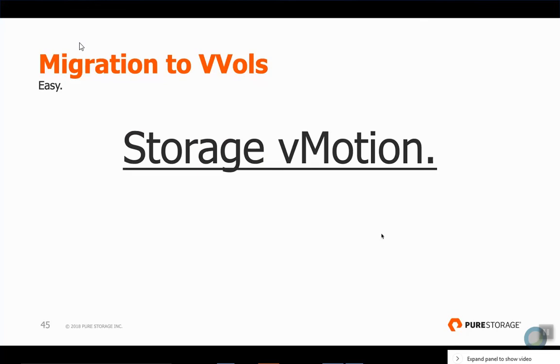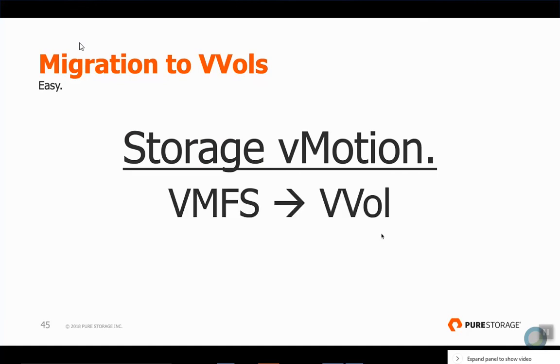If you want to move back from VVols to VMFS file system, you simply do a storage vMotion from VVols to your traditional storage system. It's that easy. You can do it in a matter of however long it takes you to copy from one to the other. Both ways. Okay.